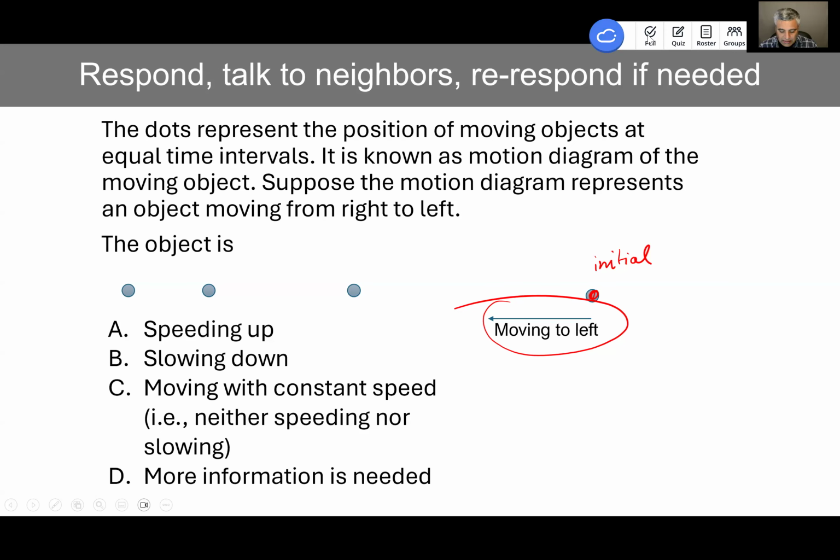Okay. So I'm giving you a minute and 30 seconds in this case.